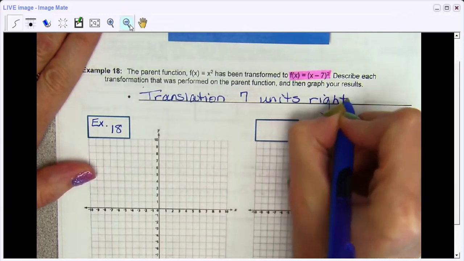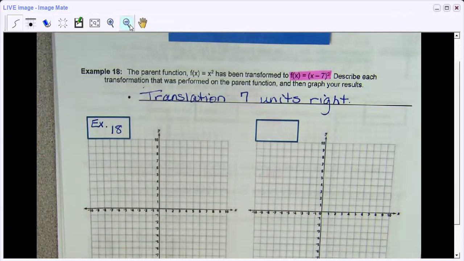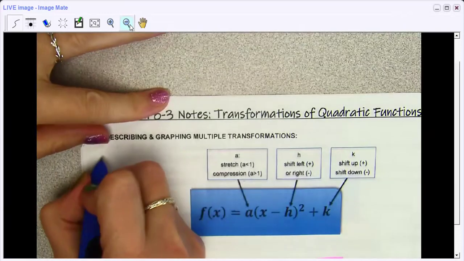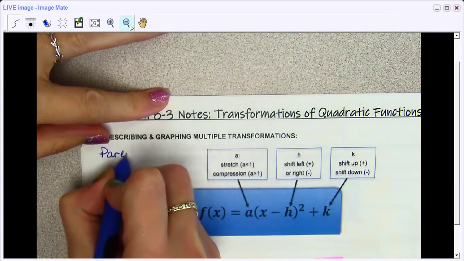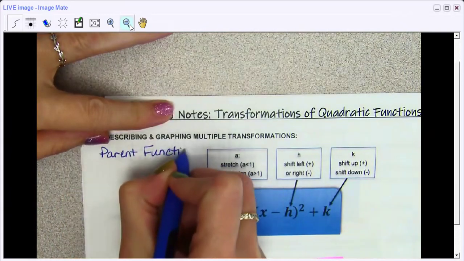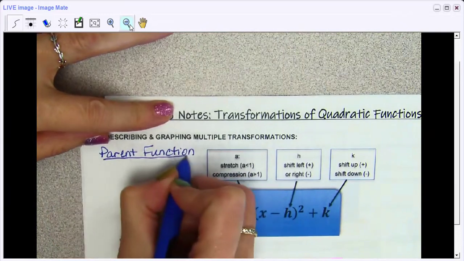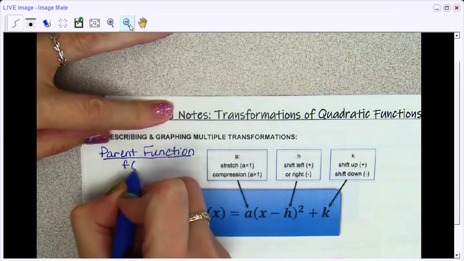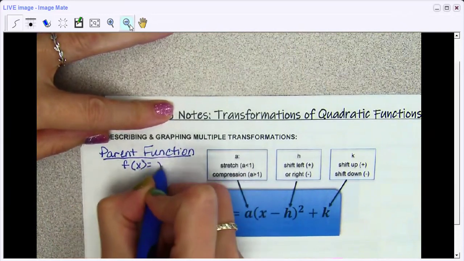So the first thing that we're going to do is write out the parent function. When we do the parent function, I'm just going to come back up to the top, where you have f of x equals x squared.